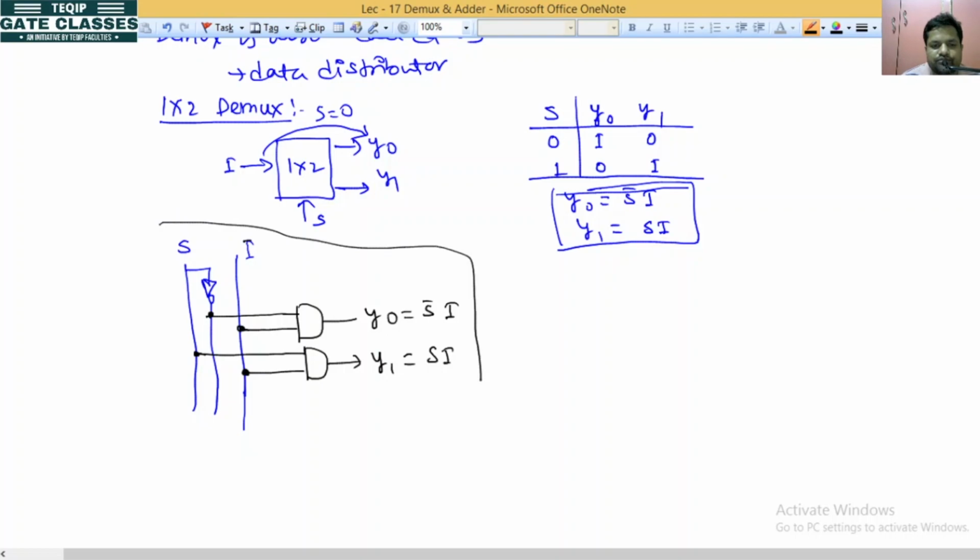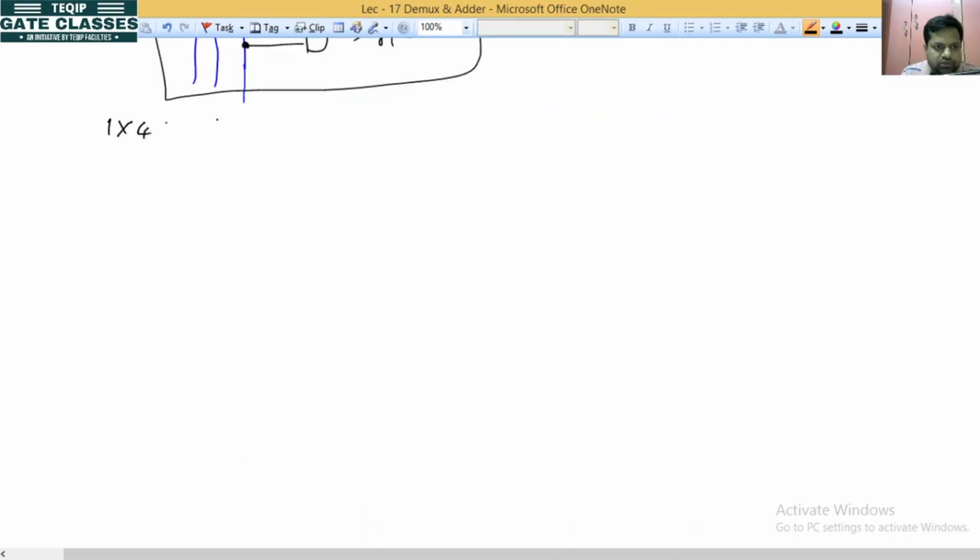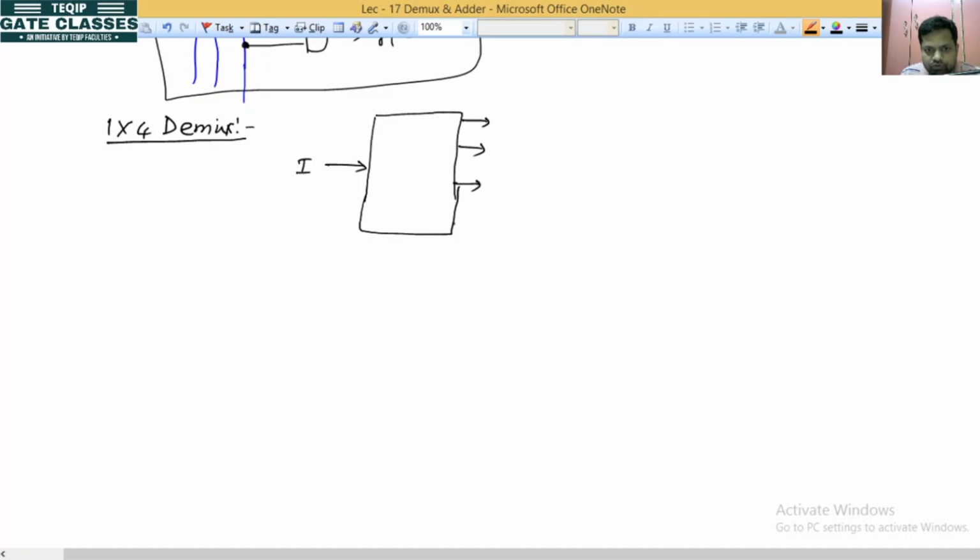Our next demux is the 1 cross 4 demux. So what will be the block diagram of the 1 cross 4 demux? We have one input and how many outputs? 4 outputs: y0, y1, y2, y3.